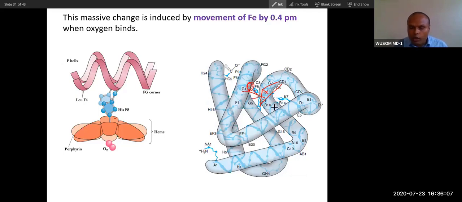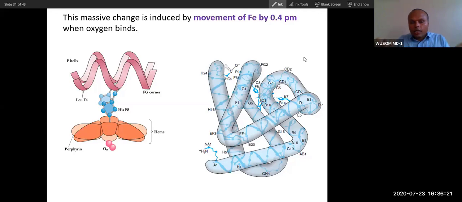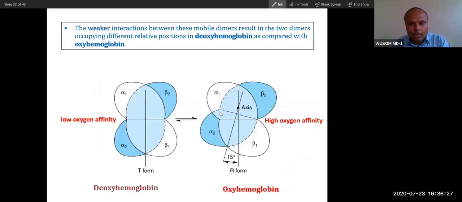If this chain is pulled, the whole molecule will open up a little bit and become relaxed. This is how oxygen binding brings about changes in the structure of the whole hemoglobin.